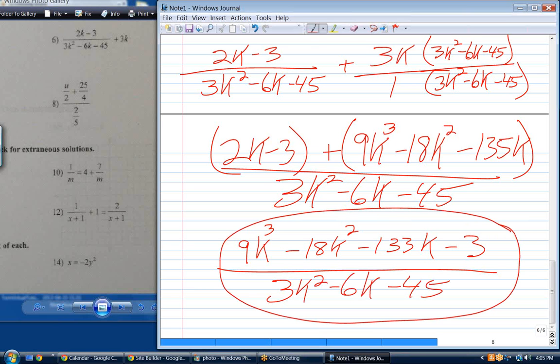Okay. Now, there is a possibility. Let's see, 133 is not divisible by anything, so I can't factor any number out from up here. Looked like I could factor 3 out, but 133 is not divisible by 3, so I can't. One has to ask themselves the question at this point. This is a cubic function, and it could certainly factor. And it's possible it could even factor where one of its factors might be what we have in the denominator here.